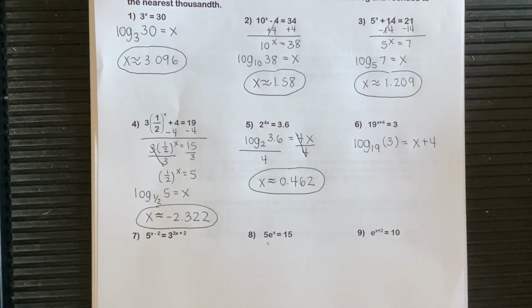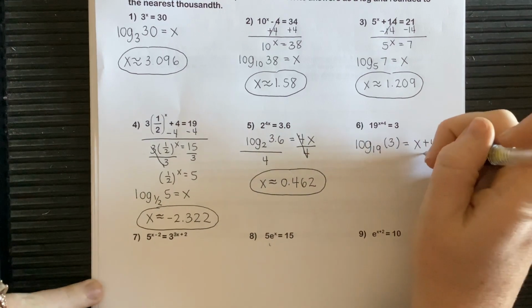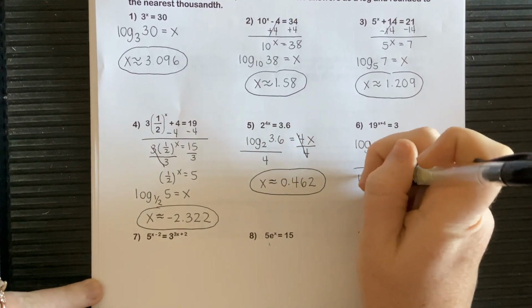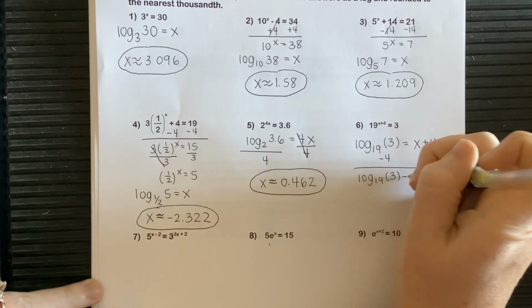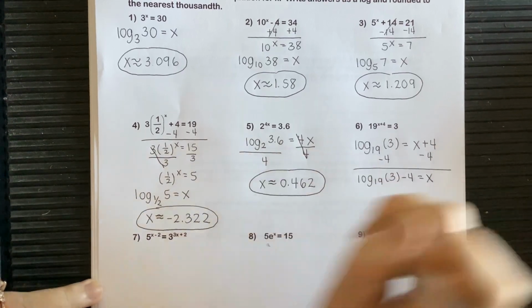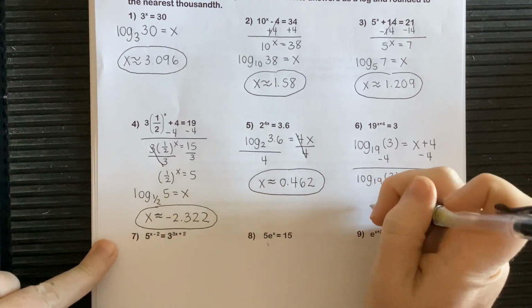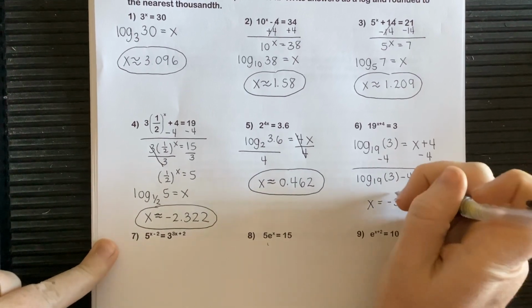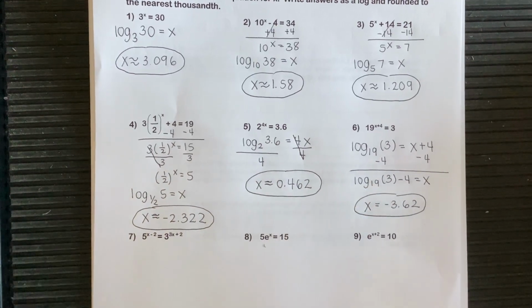You can do that and solve this as a piece and then subtract 4 at the end, or we know we're going to have to subtract 4, so we have log base 19 of 3 minus 4 is equal to x. We can type all that in the calculator. When you type all of that in, you're going to get that x is equal to negative 3.62. Again, it's fine if that's your final answer, you just can't ever have x's inside your log.